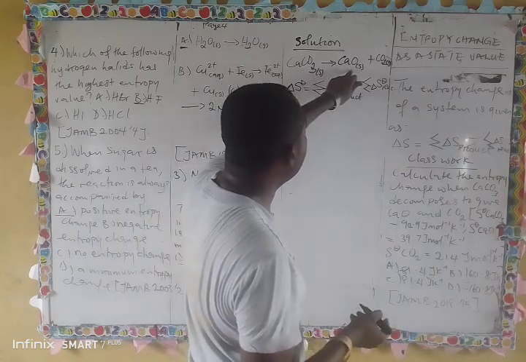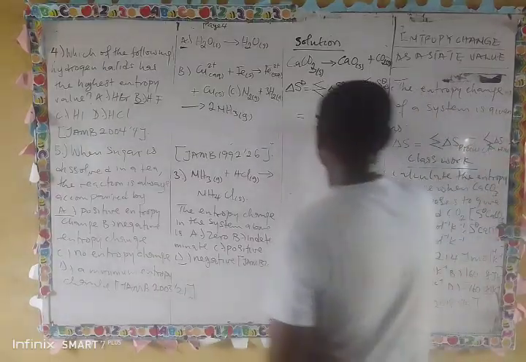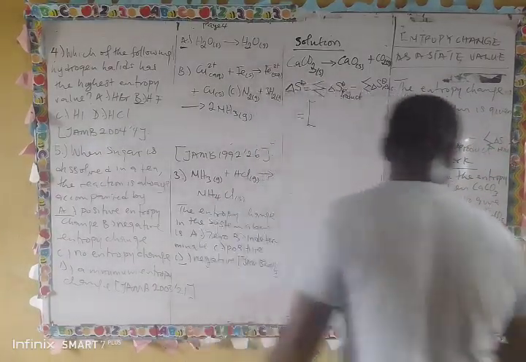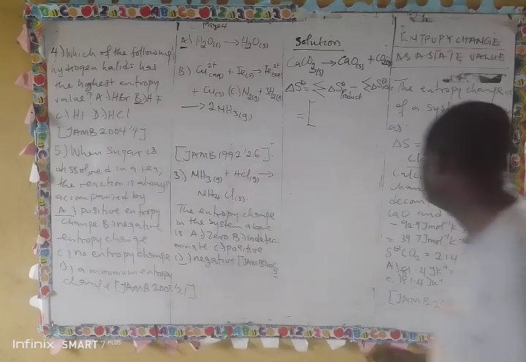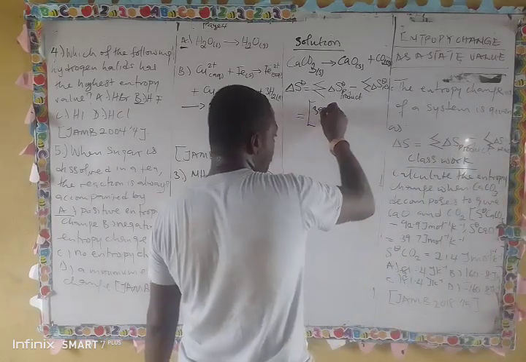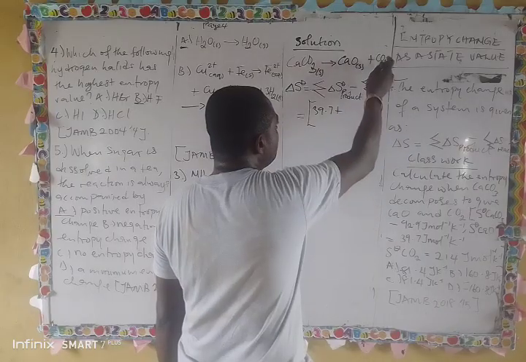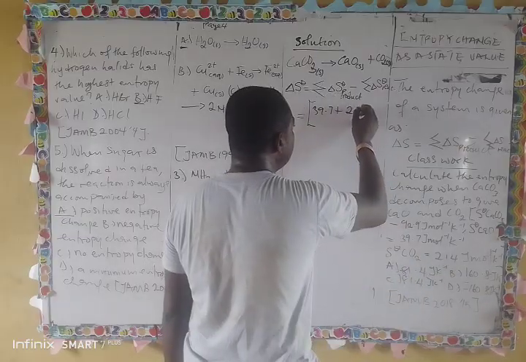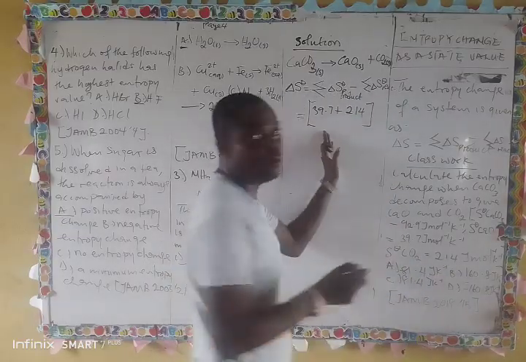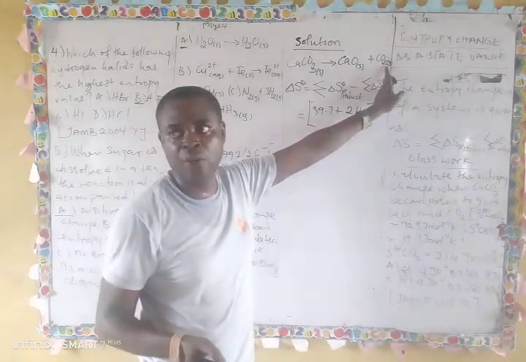In the products, the entropy of calcium oxide is 39.7, plus CO2, which is 214. These make up the products.